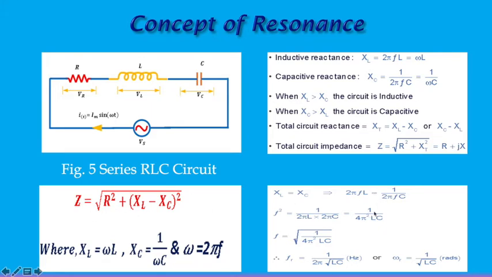Then from this equation calculate F. So F equals 1 by 2 pi root over LC. This is the resonance frequency. So the total impedance of the RLC series circuit becomes just the value of resistance, and therefore Z equals R.